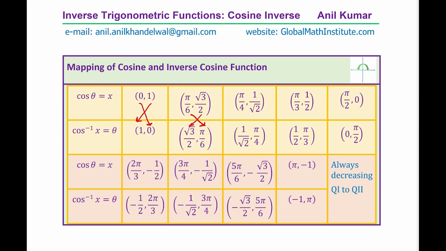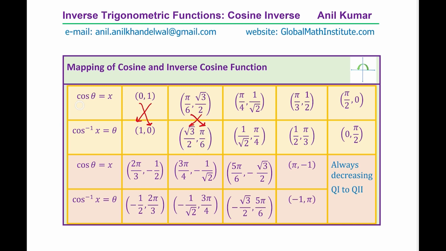So we have this table just to show you that for every angle, when we are talking about quadrant 1 and 2, in that case, the cos values which are at 0, 1, inverse will be 1, 0. If it is pi by 6, square root 3 over 2, the inverse will be square root 3 over 2, pi by 6.